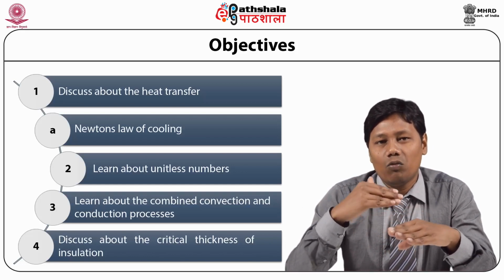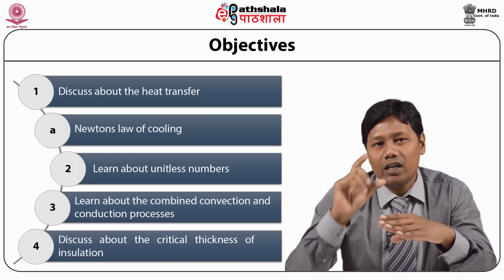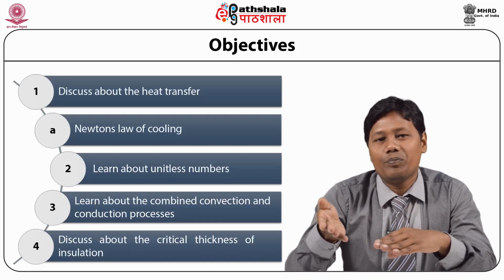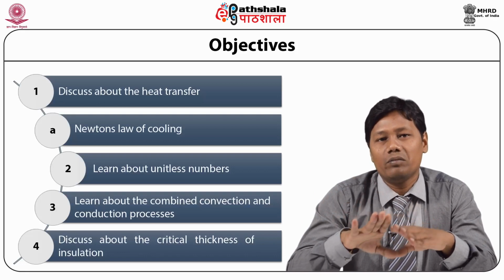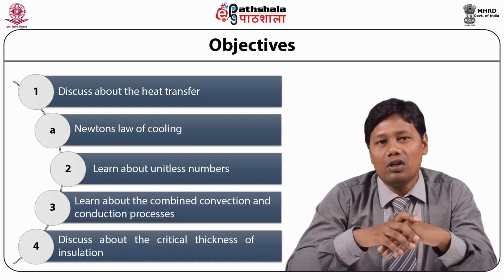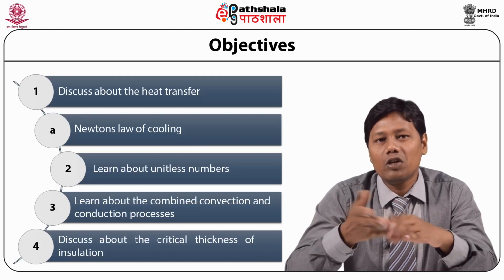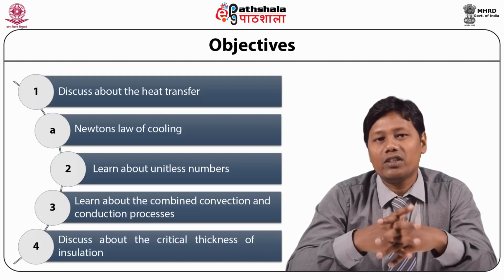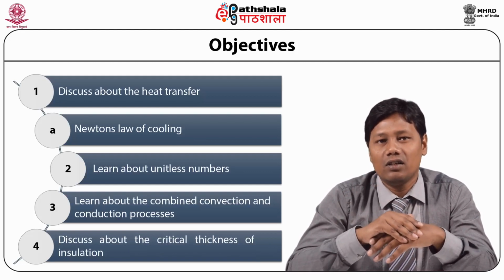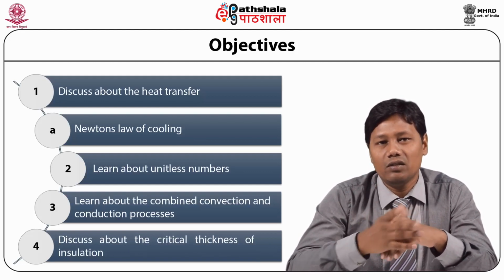Critical thickness is one limiting thickness above which if you provide the insulating material, it may not serve the purpose. That means unnecessarily you are adding more insulation without any effect. We will calculate the critical thickness for any case.